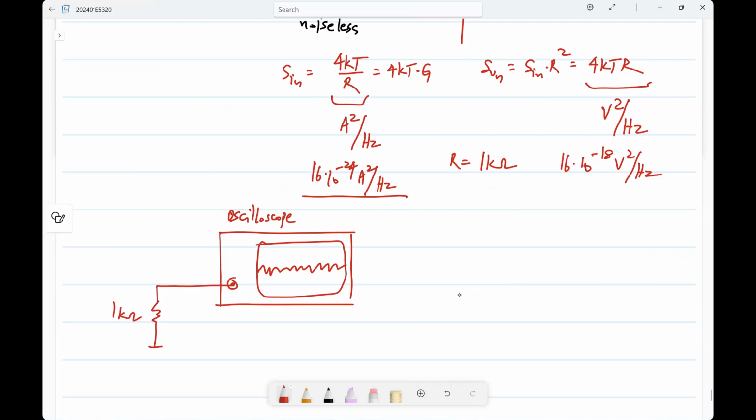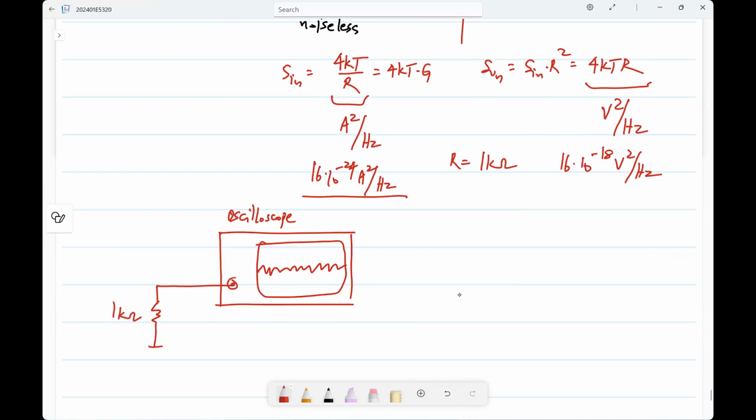So what will be the size of the waveform? The amplitude? Basically, the oscilloscope will have some bandwidth.